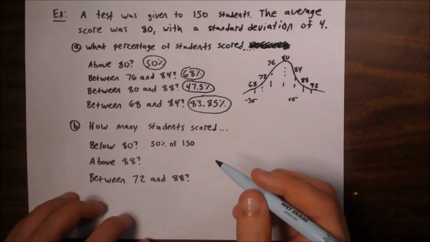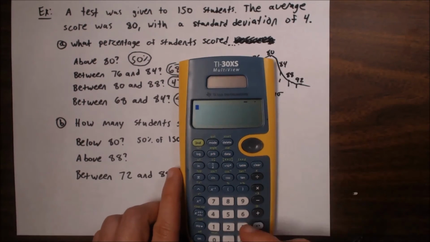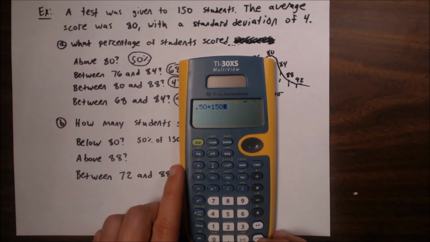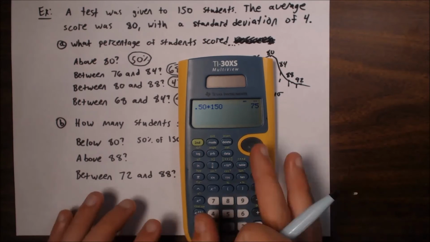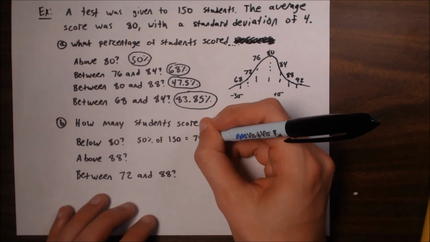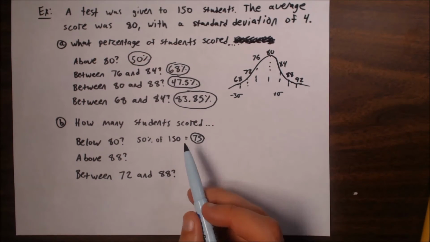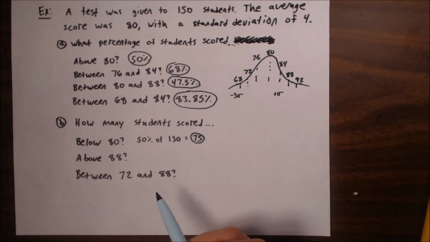So what you're going to do is you're going to multiply, and you probably don't need a calculator for this, but let's do it anyway. 50%, which is 0.50, 50% times 150. That's 75. In other words, it's half of 150, half of the students. We have 75 students. I'm not putting a percent sign on there. This is the actual number of students that would have scored below 80.